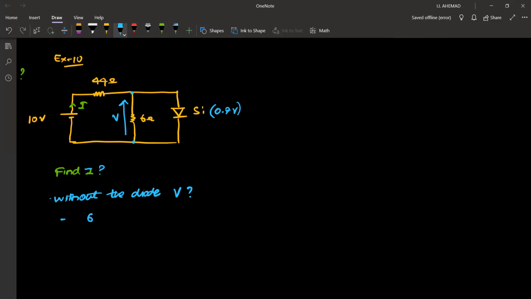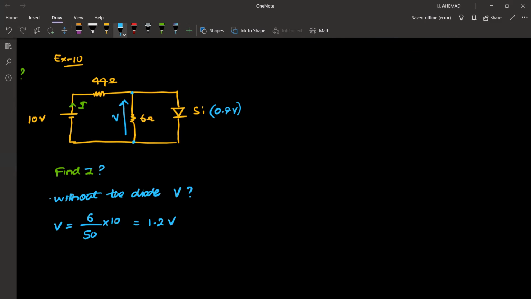So you can straight away write V is equal to 6 over 50 into 10. So this is equal to 1.2 volt. So the voltage across this without the diode will be 1.2.